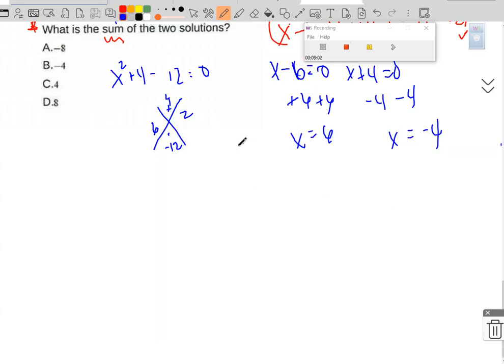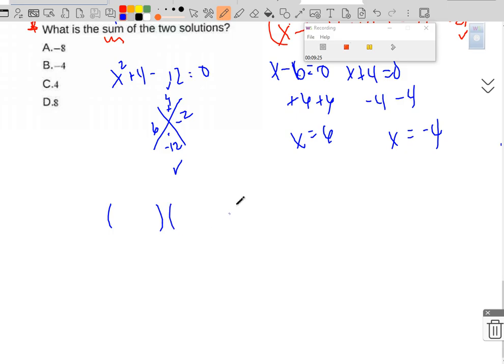One has to be positive, one has to be negative. Which one's going to be positive, which one's going to be negative? Did you say 2 is going to be negative? Yes, so 2 is going to be negative, because this time that 4 is positive. So 6 times negative 2 is negative 12, 6 plus negative 2 is positive 4.